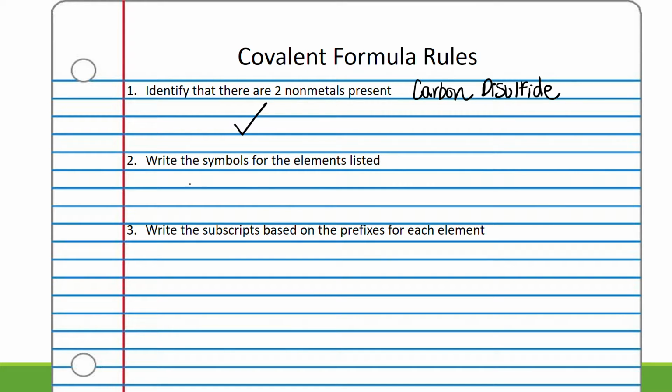Now we're going to write the symbols for the elements listed. So C and S. And now we're going to put them together and write the subscripts based on the prefixes for each element. So C1, we don't need to write 1 there, it's implied, and then sulfur, disulfide. So that's how you're going to write carbon disulfide.